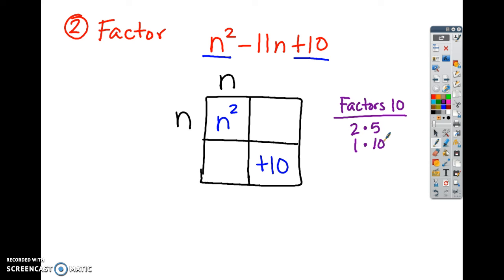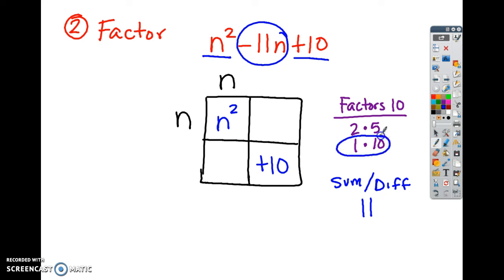No, that's it. And then you ask yourself the question, which one of those gives you a sum or a difference of 11? And don't worry about the negative yet. All I need is a sum or a difference of 11. 1 and 10, right? Because 1 and 10, when you add them, it gives you 11.